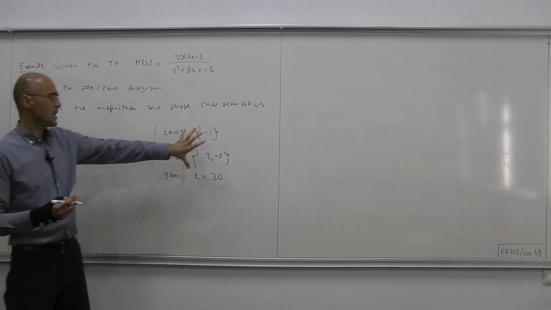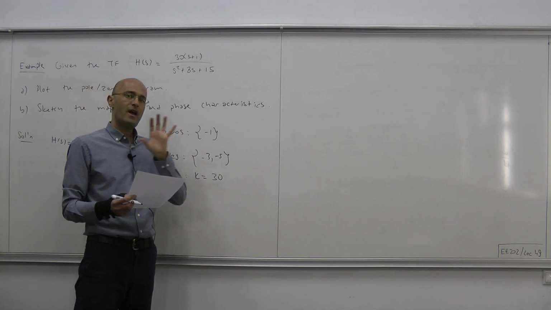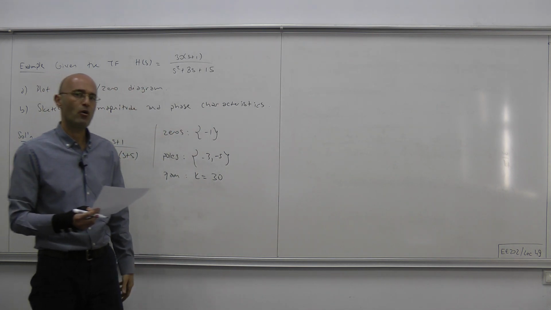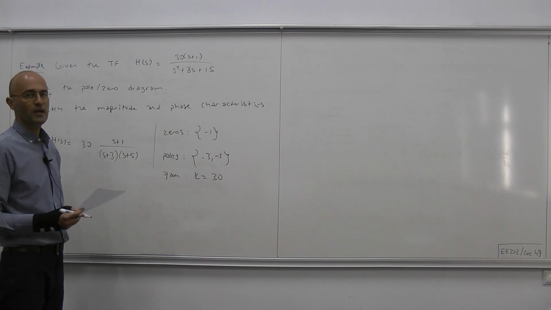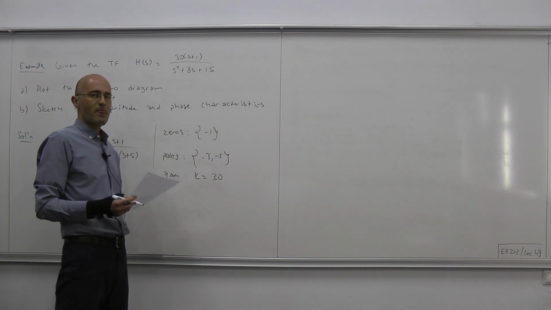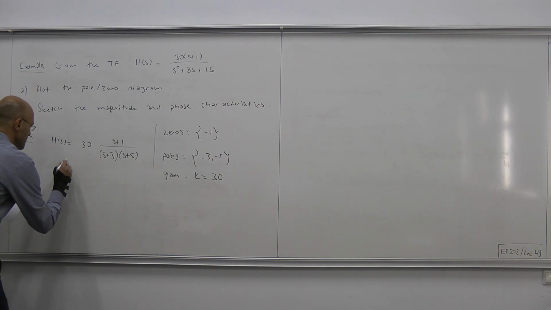Okay, and then what we do is we take this set of information and express, or communicate, it on the complex plane, and that's what we're calling the pole zero diagram. Okay, so let's squeeze it here.